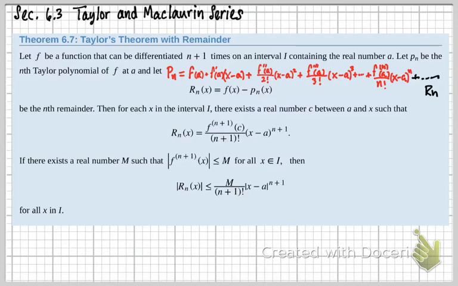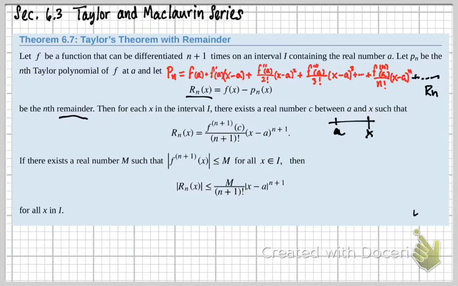What's cool about it is how I can actually find this remainder. It says let that be the remainder, so this is my Rn here. And then it says, for each x in the interval I, there exists a real number c between a and x. I'm thinking about this on a number line.